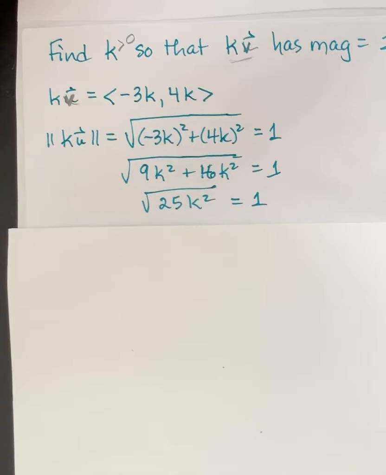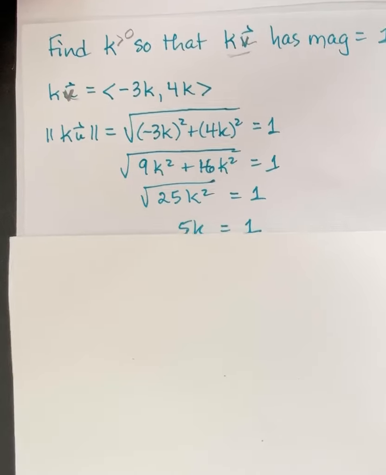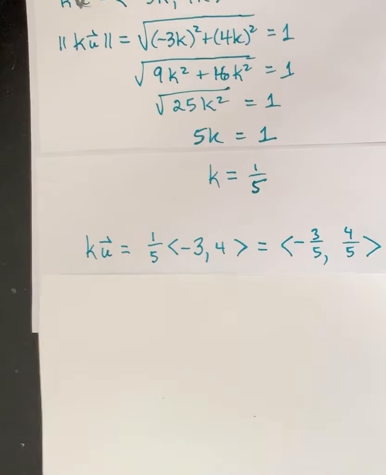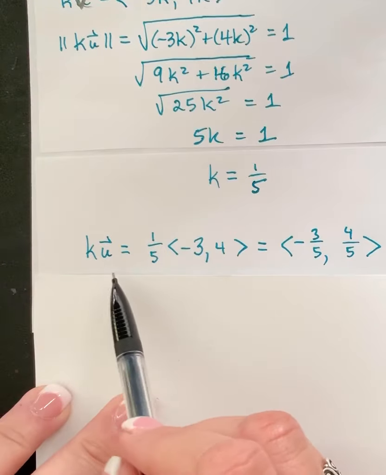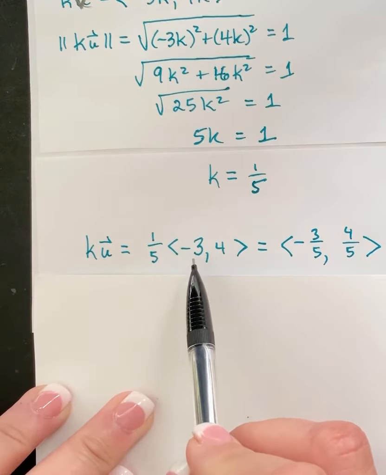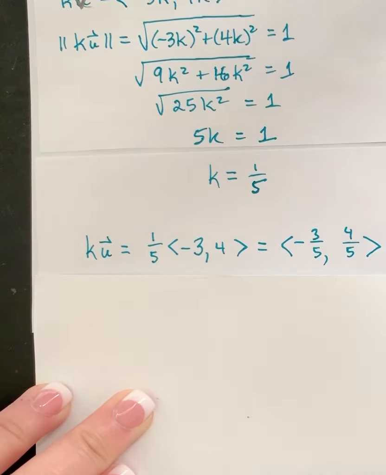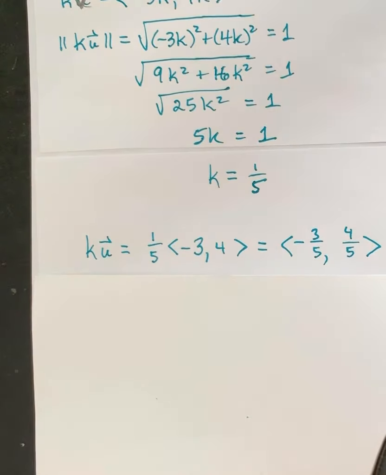So 25k squared, the square root of that needs to equal 1. So 5k needs to equal 1, which brings us to k is equal to 1/5. So what we're looking for is 1/5 times -3, 4, which would give you -3/5, 4/5.